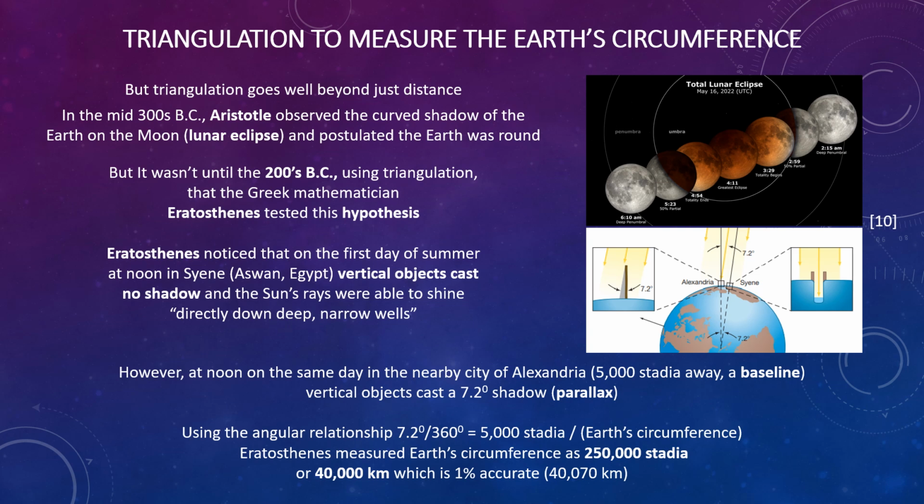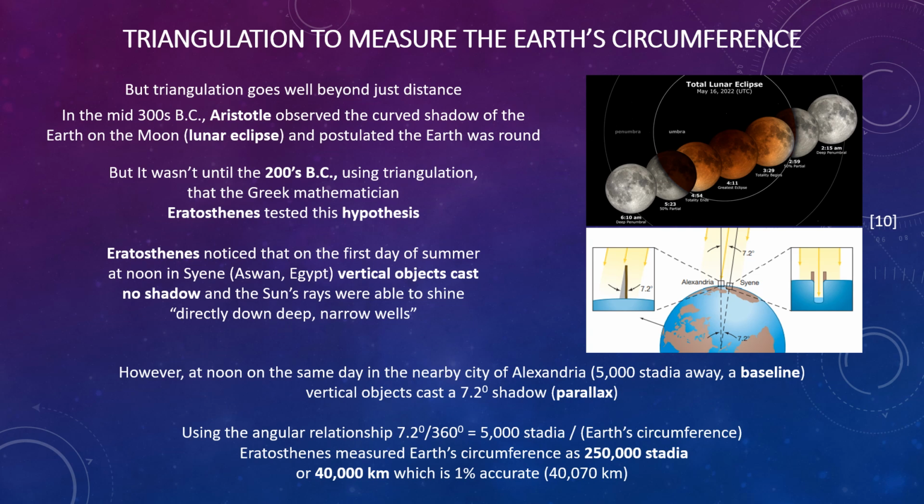These rays were directly overhead of these wells, and the rays were parallel with the walls of the well, so they could go straight down. However, at noon on the same day in a nearby city of Alexandria, which was 500 stadia away, that was the unit of distance that they used, their baseline, objects cast a 7.2-degree shadow.